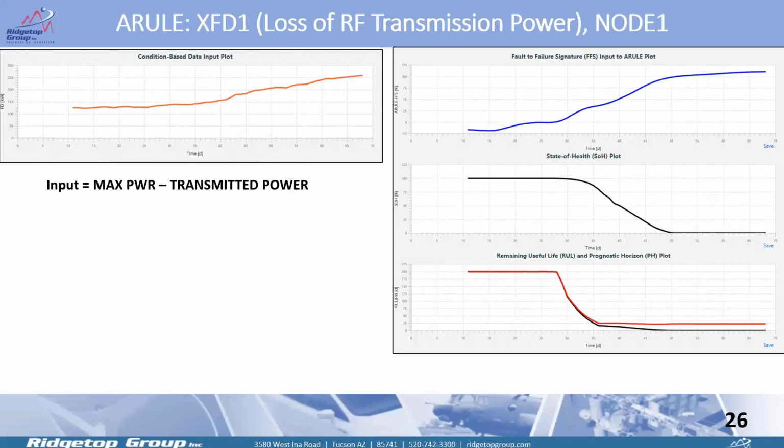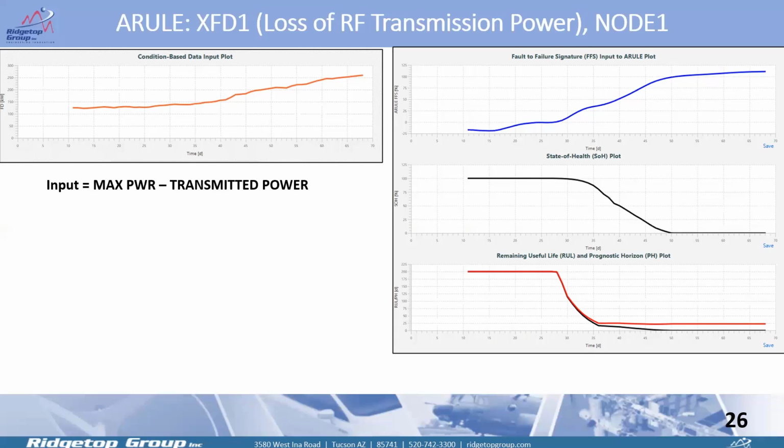Transmitted power. A common failure mode of, say, a radar system or a radio system is loss of transmitted power. And you can take the inverse of that loss and show that you have an increasing loss. That data, which we ran as a simulation experiment for a radar system, produces the results shown on the right-hand side.